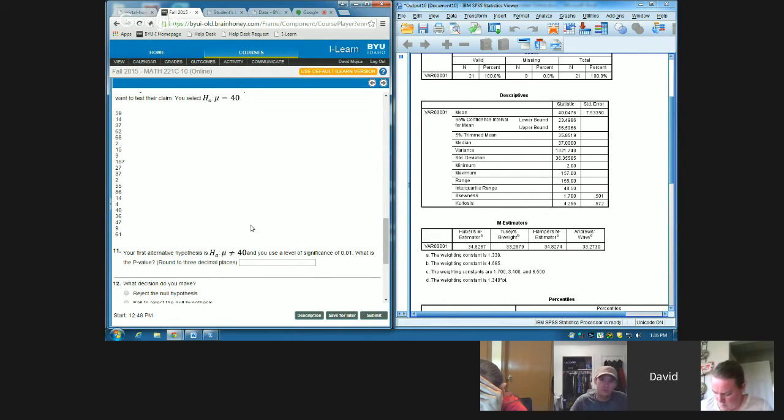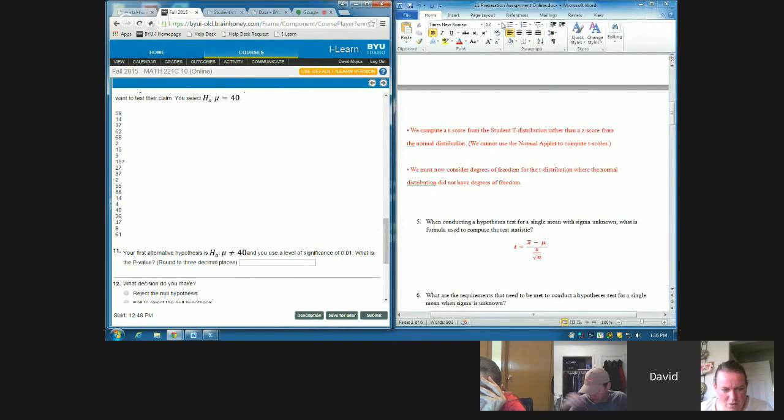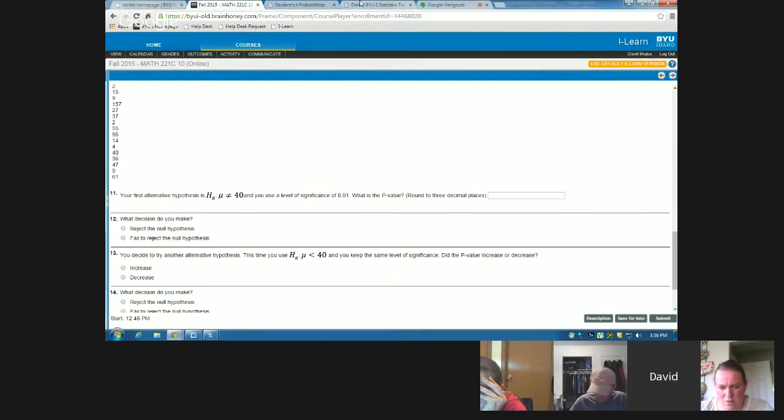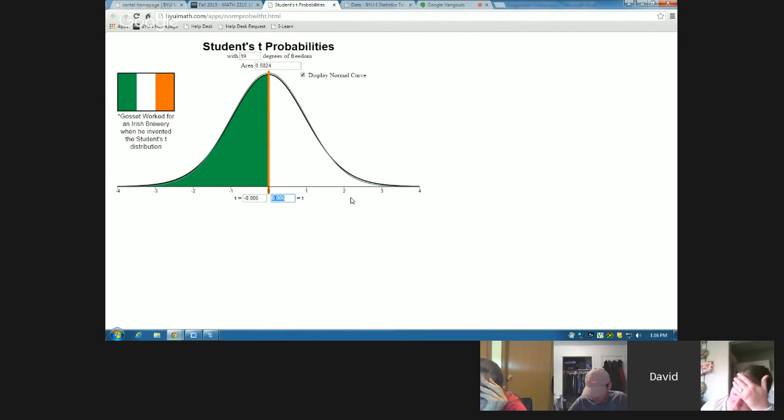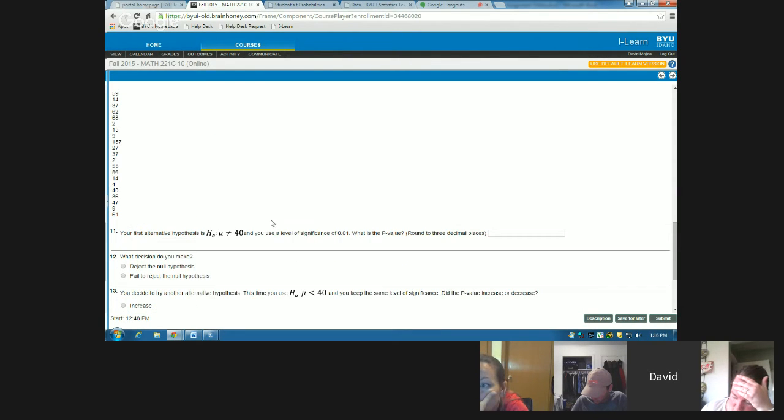Did you get the t-score as 0.006? Did anybody else get that? Or am I just going crazy? I just cannot keep up. What equation are we doing? We're trying to find the t-score? Yeah, because it's asking for the p-value.